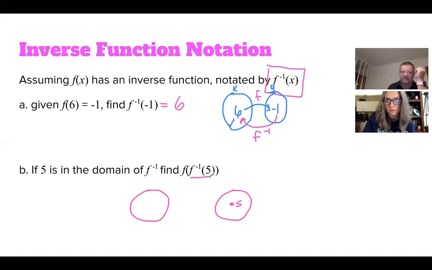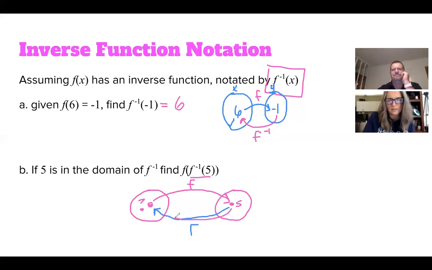Well, the inverse takes me backwards, right? So there was something over here. I don't know what it was. Some x. Something that got me to go here. And that was f, right? And then f inverse takes you back.